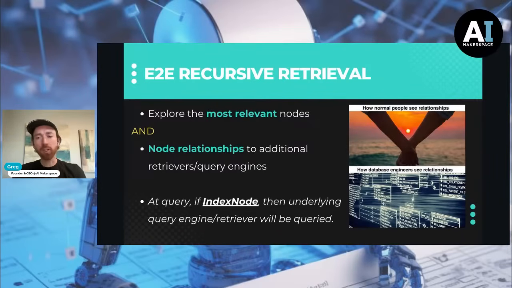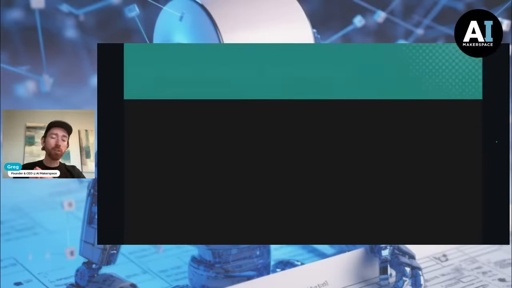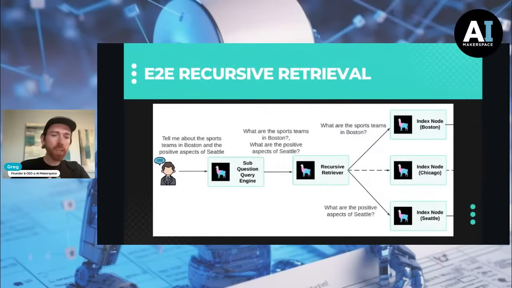One example of the way we might think about this is in this sort of contrived example, but one that allows us to see how this recursive retrieval is working. Tell me about the sports teams in Boston and the positive aspects of Seattle. The sub-question query engine is now breaking down sports teams in Boston into question 1 and positive aspects of Seattle into question 2.